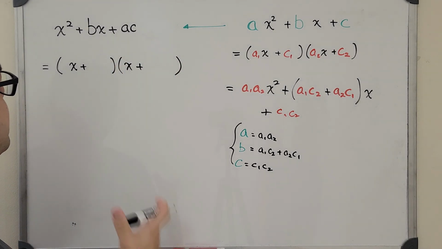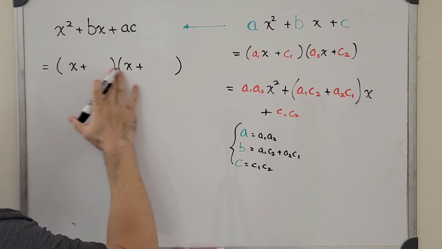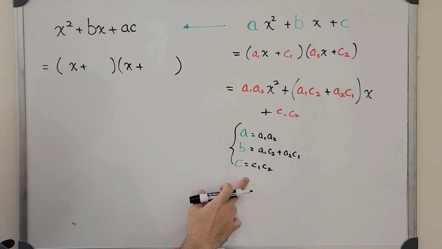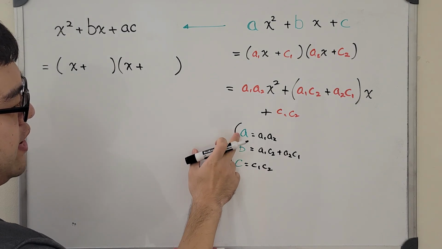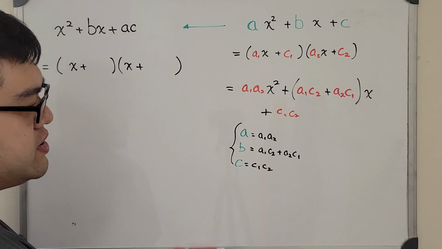And again, if we try to put it this way, what are the possible combinations we can get? Well, we now need to break a, b, and c in terms of a1, a2, c1, and c2.